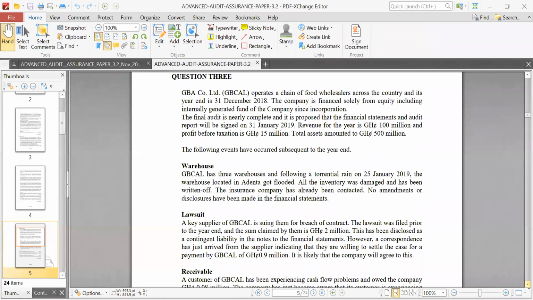Usually quality control questions, you can use your mind to come up with something. But sometimes if you want some structure to your answers, you can look at quality control procedures in relation to the phases of the audit. So, what are the phases of the audit?